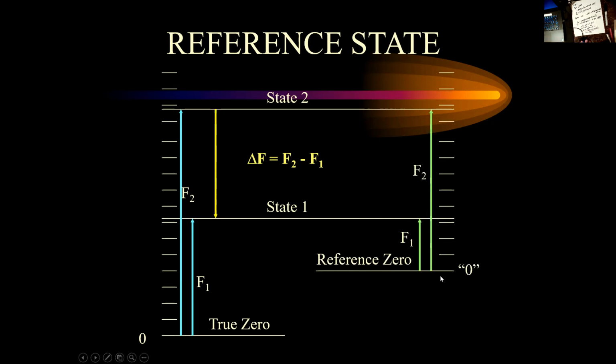I could count the units from reference zero up to state two. Now I could subtract those two numbers and get this one. But look, I got the same value here as I got over here. Whether I use a true zero or a reference zero makes no difference at all when it comes to calculating the energy flow or the change in heat or change in enthalpy, any state function. I can use a reference zero that defines that system, and I'm good.